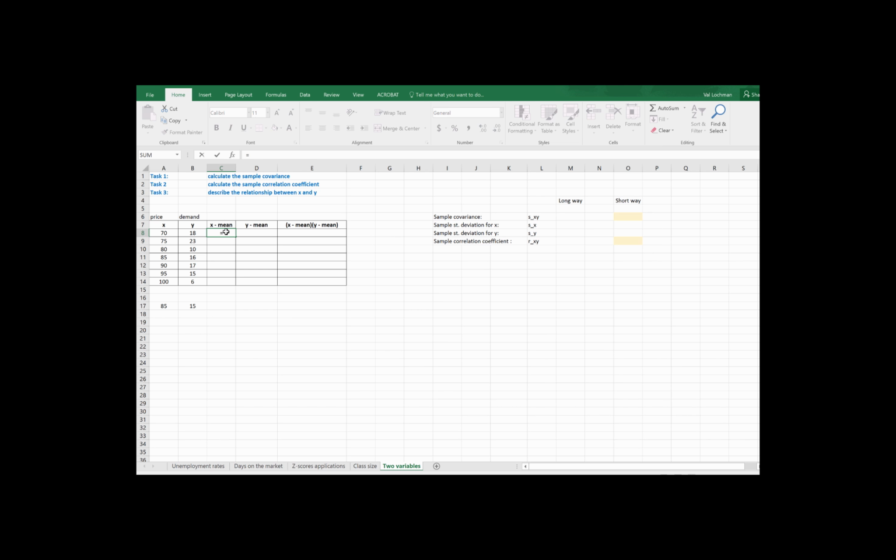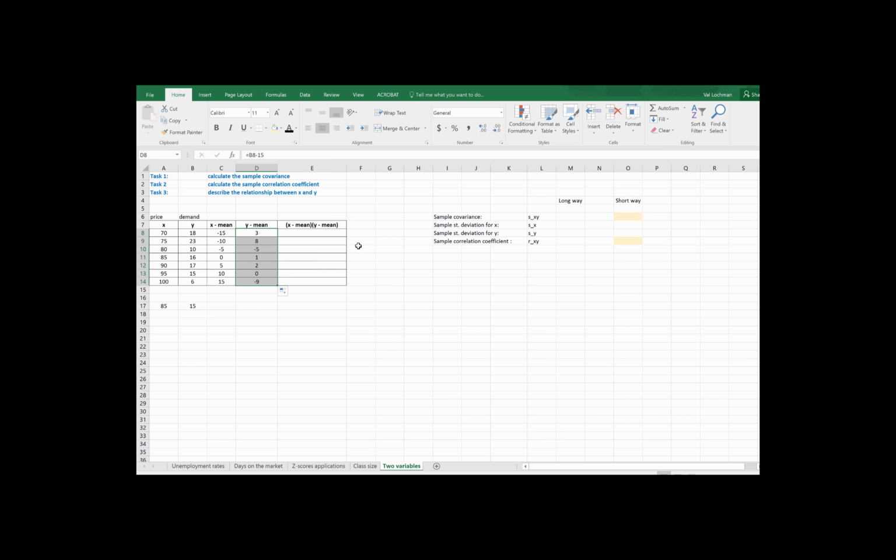So we're going to type in equals, highlight the cell, minus 85. Then you can highlight the cell and just drag it down so you don't have to retype this formula. And these are the differences that we get for price and the average, right? Same thing for Y, the demand: highlight this cell, minus 15. And the differences will be stored here.